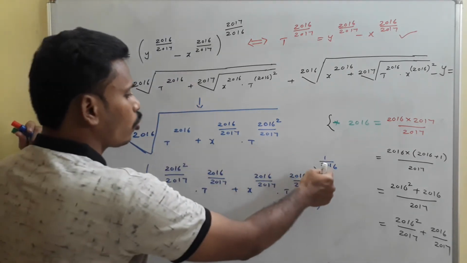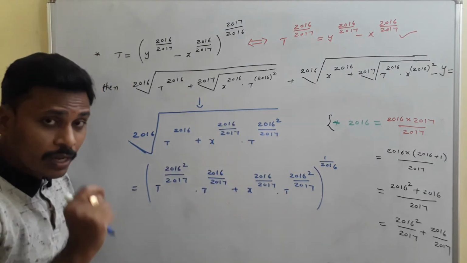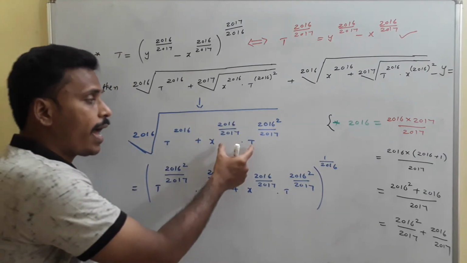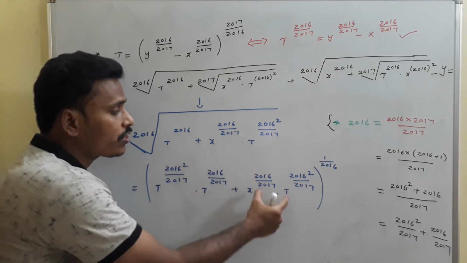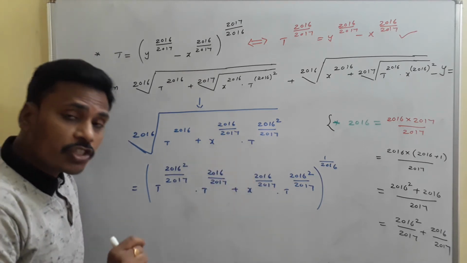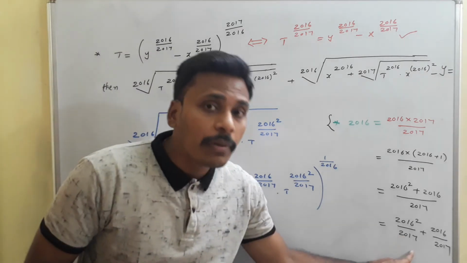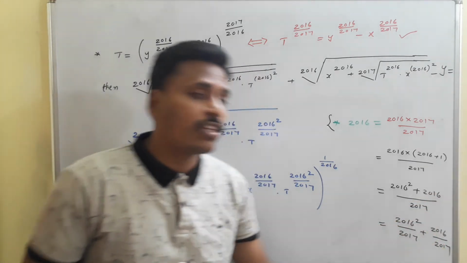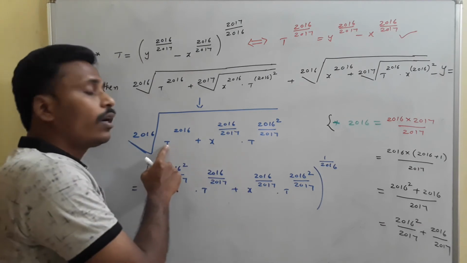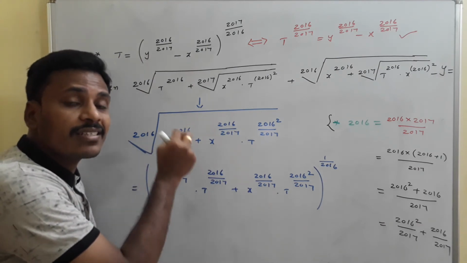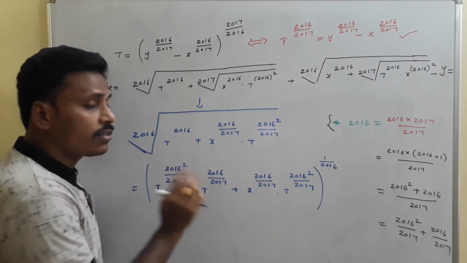Very carefully you just observe. I am just copying this second term. I am just rewriting this 2016 as 2016 square by 2017 plus 2016 by 2017. So t power m plus n is t power m into t power n. So this is the thing.